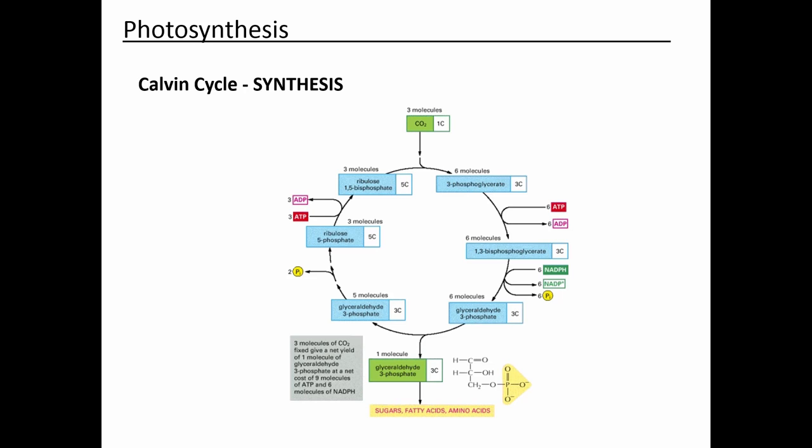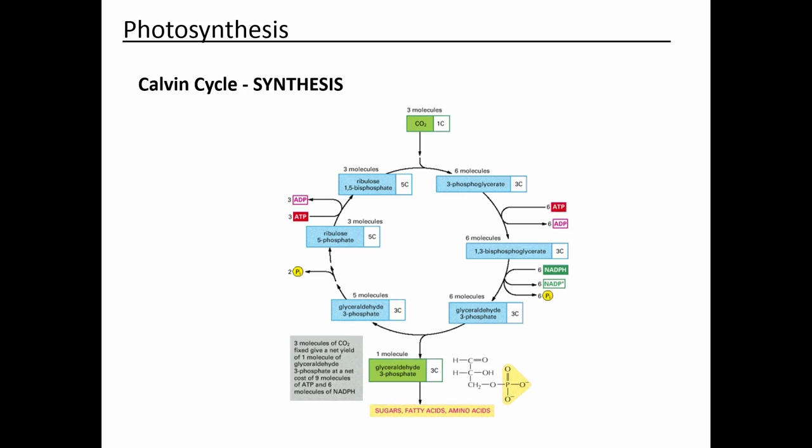And there's one of two things now that can happen with the glyceraldehyde 3-phosphate that you produce in this step. What we're going to see is that when 3 carbon dioxides enter the cycle, 1 glyceraldehyde 3-phosphate can leave the cycle and be used to make organic molecules. So of the 6 that you produce, when 3 carbon dioxides enter, you can use one of those to actually do what you want to do, make organic molecules for the plant.